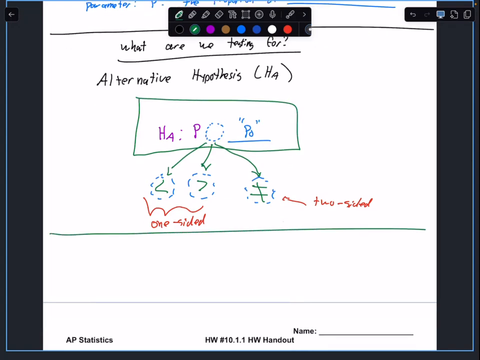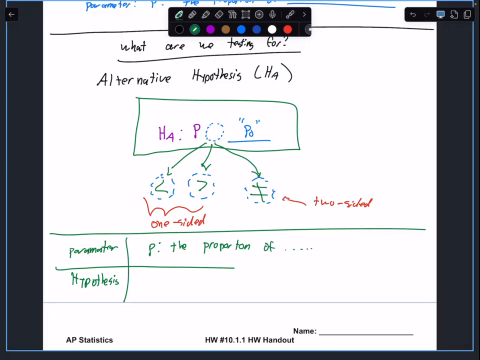So in your homework, I'm going to ask you to write the parameter and the hypothesis. We need practice writing these two things down. The parameter is always going to be p, the proportion of... You're going to have that sentence.